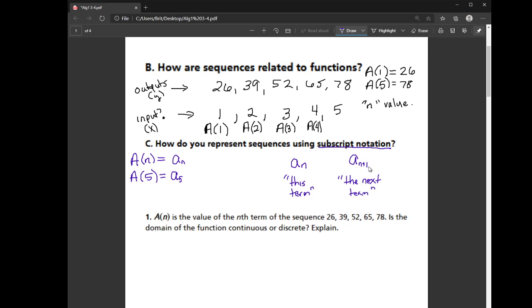Now that plus 1 is not saying you're adding 1 to A. It is saying you are moving up 1 in the sequence. That's why it's really tiny and next to the A. If I want to talk about the previous term, I would talk about A sub n minus 1. Those are the 3 most common subscripts that you're going to see.